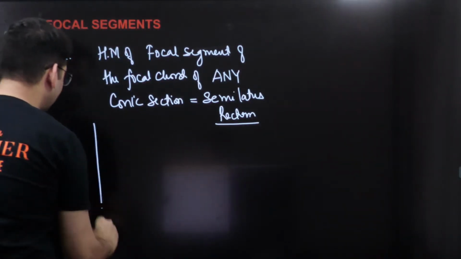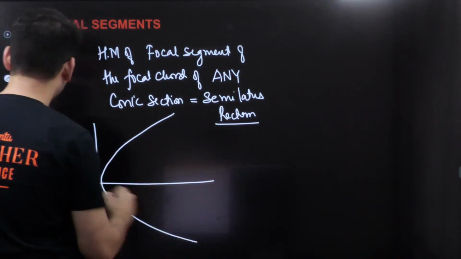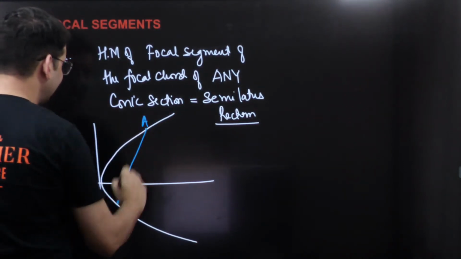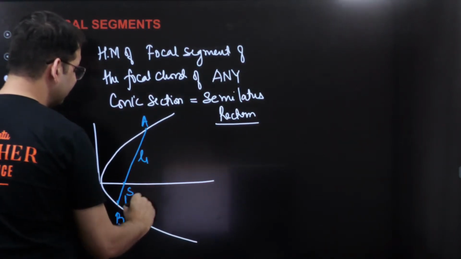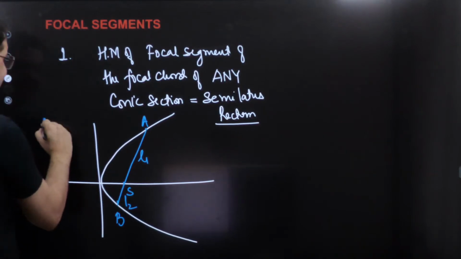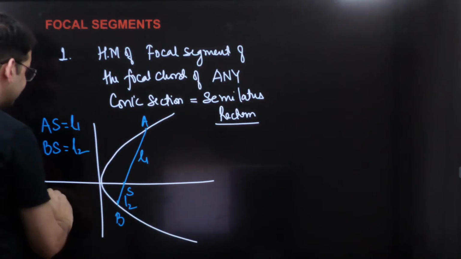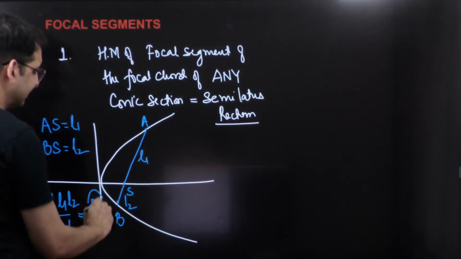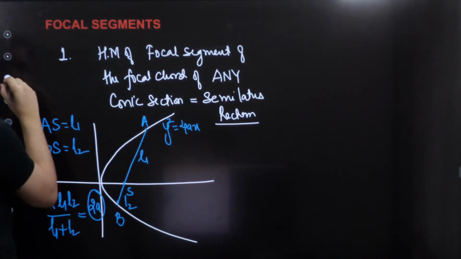Right? So, this is the parabola. Let's say this is the focal chord AB. This is the focus. Let's say this is L1, this is L2. So AS is L1, BS is L2. So it says 2 L1 L2 upon L1 plus L2. That is the harmonic mean of the focal segments. This is always equal to the semi-latus rectum. In this case, the parabola is y square is equal to 4x.